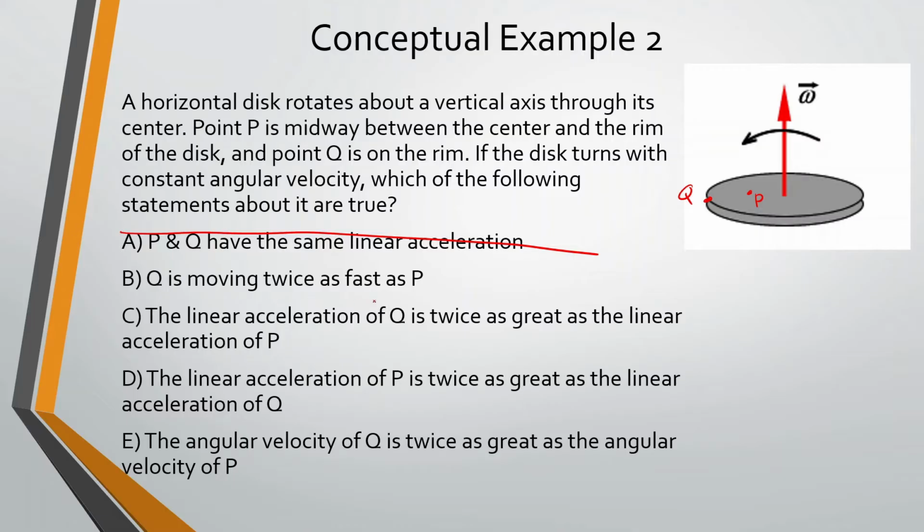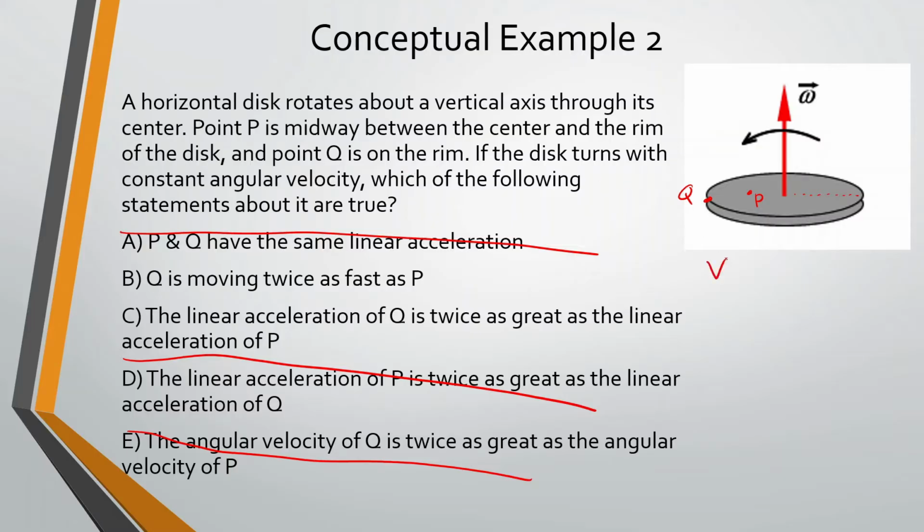C, the linear acceleration of Q is twice as great as the linear acceleration of P. D, the linear acceleration of P is twice as great as the linear acceleration of Q. Okay, so we know that this one won't be going faster, so it can't be D. And then E, the angular velocity of Q is twice as great as the angular velocity of P. Okay, and we also know that's not going to be correct because the angular velocity at every single point is the same.